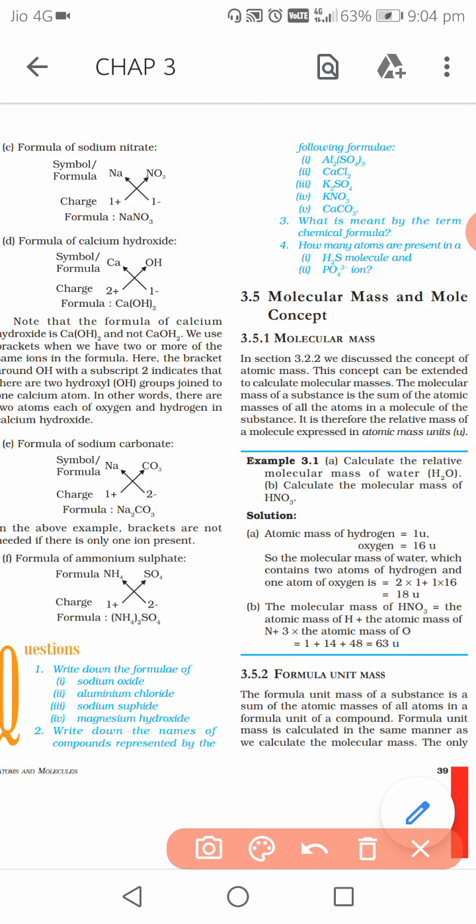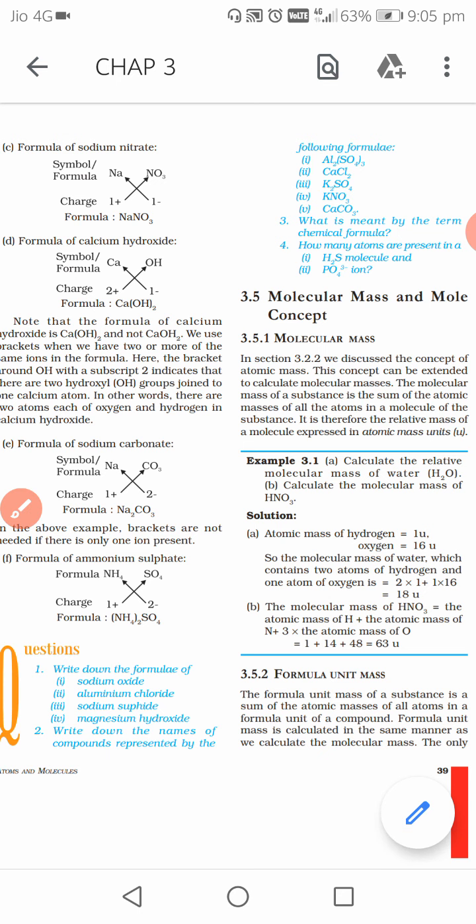Aluminium sulfate, then calcium chloride, then potassium sulfate, then potassium nitrate, then calcium carbonate. Once again I am telling: aluminium sulfate, calcium chloride, potassium sulfate, potassium nitrate, calcium carbonate. Okay.